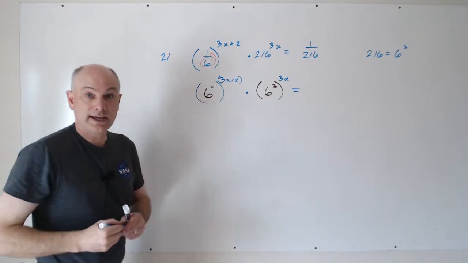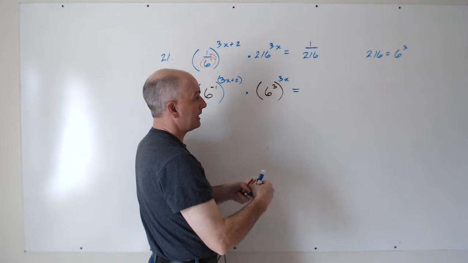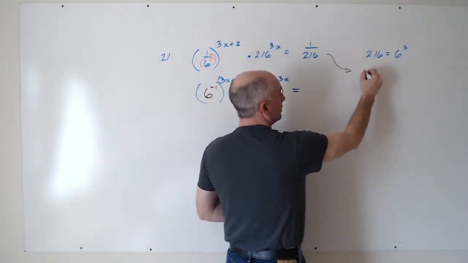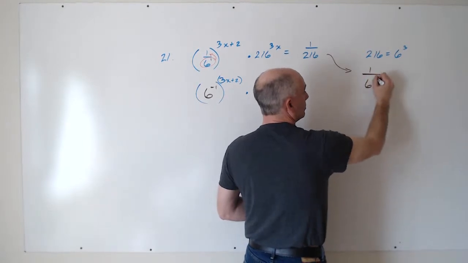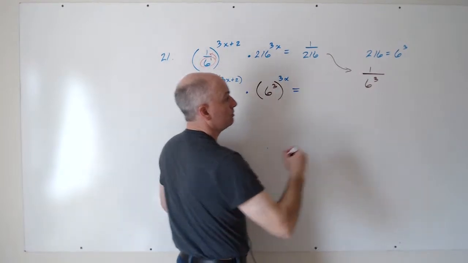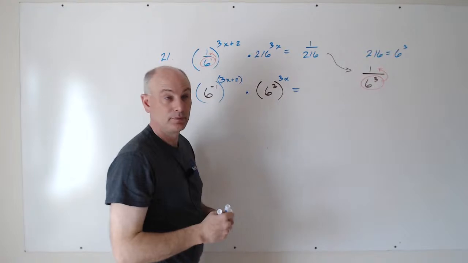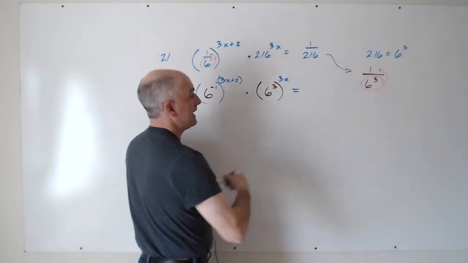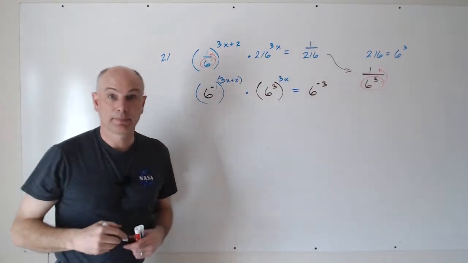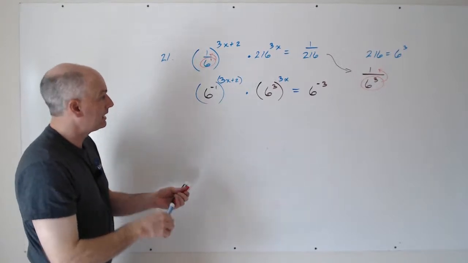And then on the other side, very similar to that last problem, I can look at that 1 over 216 as 1 over 6 to the 3rd power, and then move it to the numerator as a negative exponent. So that would allow me to say that that would be 6 to the negative 3rd power. Then from there, now we're ready to start cleaning up a little bit.